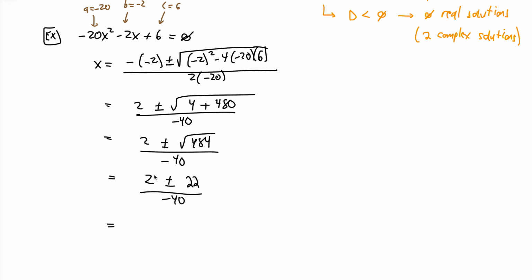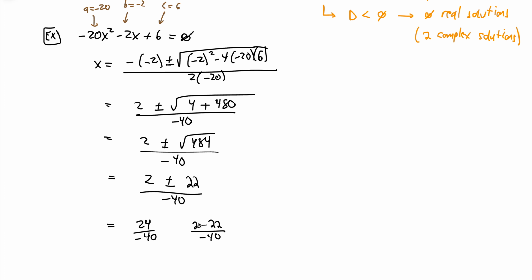And then this ends up being what? Well, either 2 plus 22, so 24 over negative 40, or it becomes 2 minus 22 over negative 40, right? So the plus or minus is going to give me two solutions here. I'm either going to get 24 over negative 40, or I'm going to get negative 20 over negative 40.